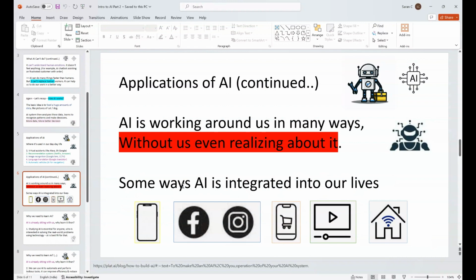As I told you earlier, AI is integrated into our lives, like in our mobile phone with OK Google, Facebook for content customization, Instagram for accommodation, Flipkart and Amazon for recommending products to us, and YouTube and Netflix for giving suggestions. All of these are using AI without our realization.